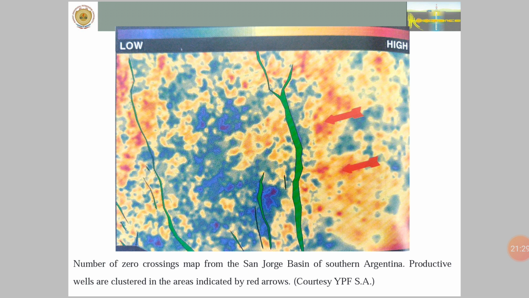I should tell you that understanding attributes has limitations, because the same attribute or different attributes which should be considered should be chosen very carefully. However, the four main attributes, that is attenuation, amplitude, frequency and sweetness, should always be studied in conjunction in order to see where there is a possibility of hydrocarbon presence.